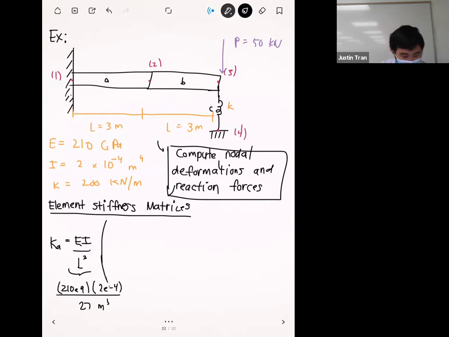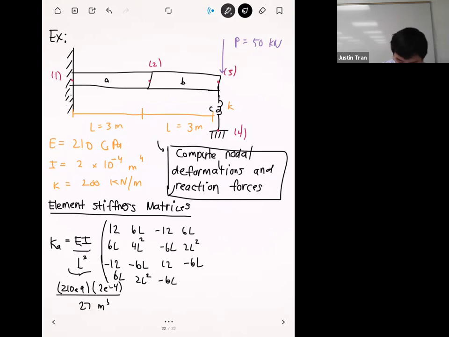And so the entries inside here are going to be the same as our usual beam. And so we have 12, 6L, minus 12, 6L; 6L, 4L squared, minus 6L, 2L squared; minus 12, minus 6L, 12, minus 6L; 6L, 2L squared, minus 6L, 4L squared.